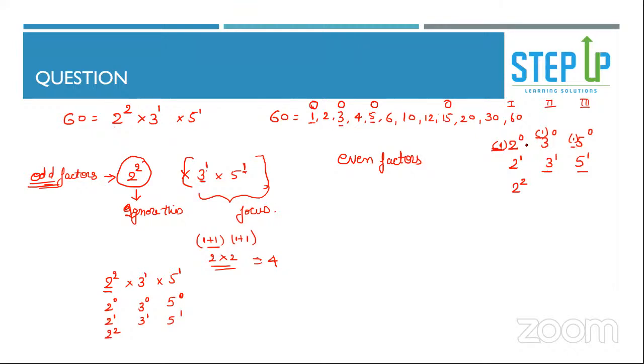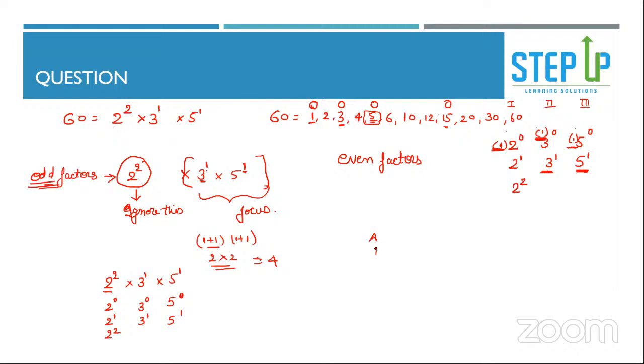If you want me to repeat, I'll go a little slowly. 1 into 1 into 1, 1. We are taking one number for sure from each column. Now 1 into 1 into 5 will give me 5. 1 into 3 into 1 will give me 3. 1 into 3 into 5 is giving me 15.